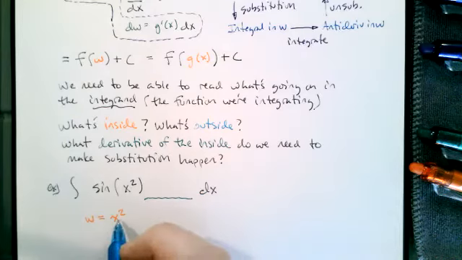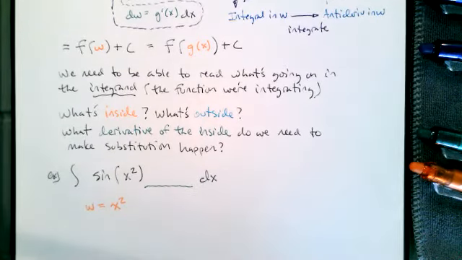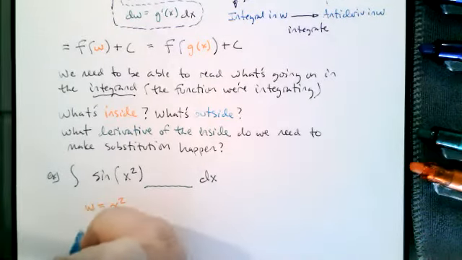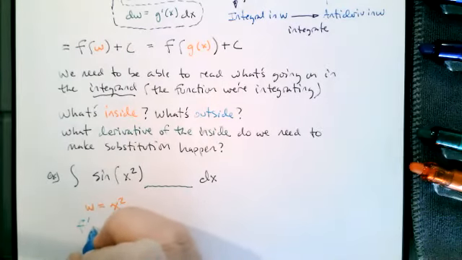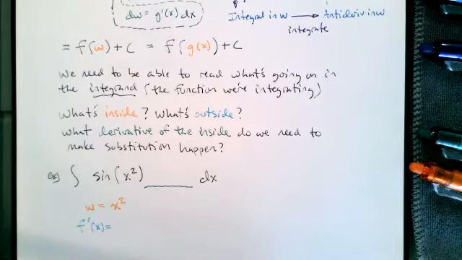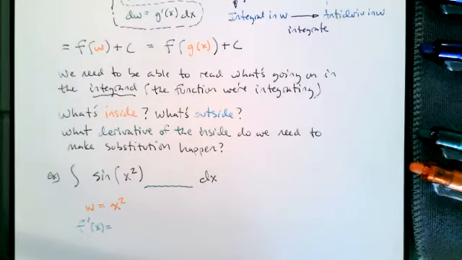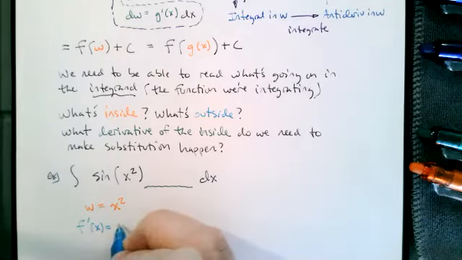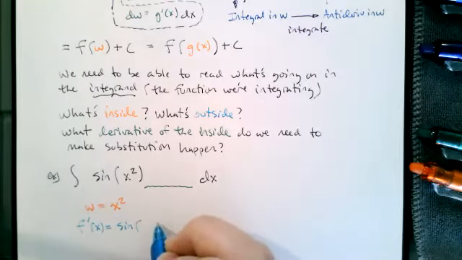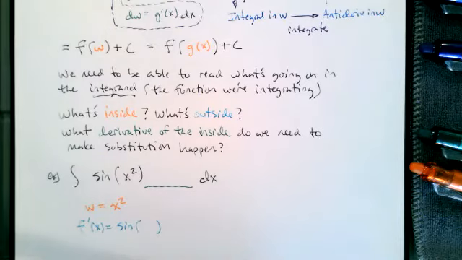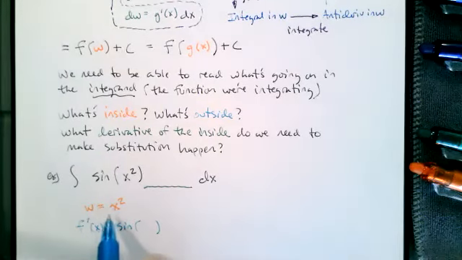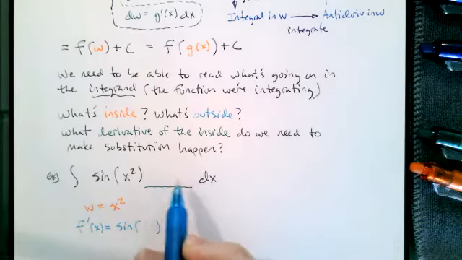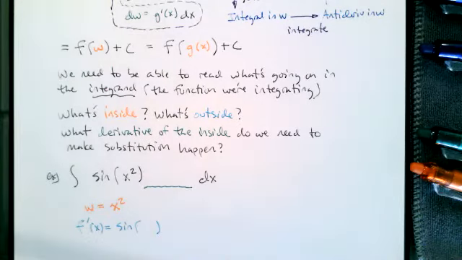What function is the substitution in? What is the f prime function that we're going to be integrating? What's the outside function? Sine. And so if we want to make this substitution w equals x squared, what are we going to need out here to be the dw?